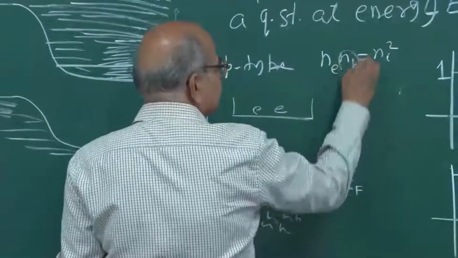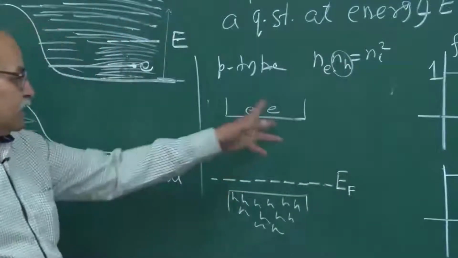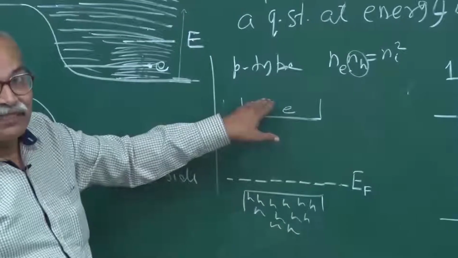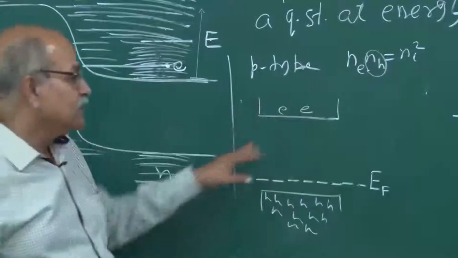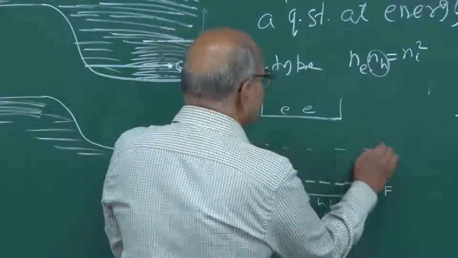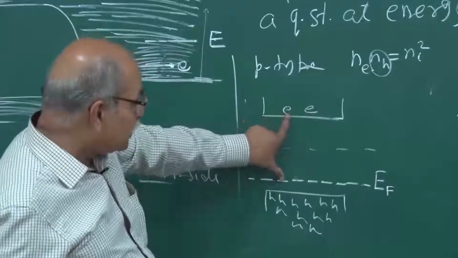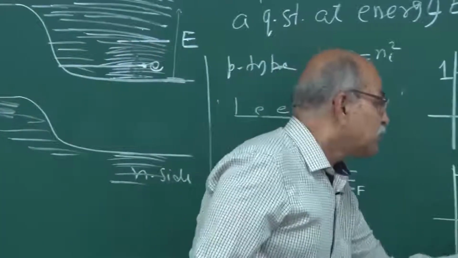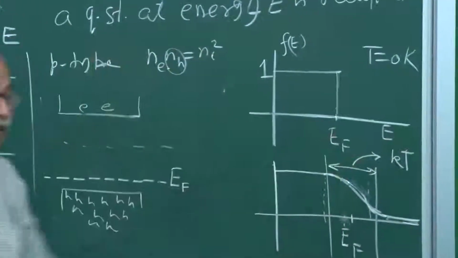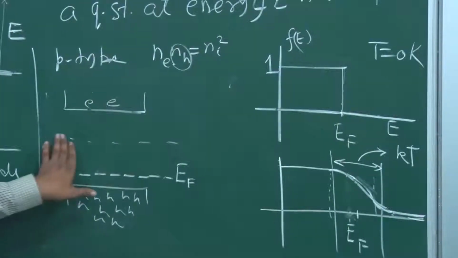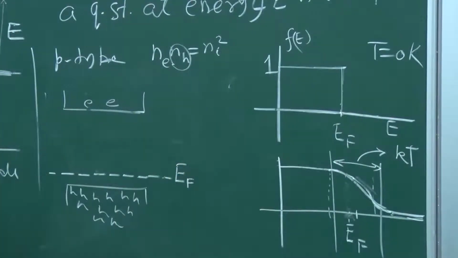So if one increases, the other decreases. In this picture we have gone even further from the Fermi energy, which initially was in the middle, so the probability has decreased again, and you have far fewer electrons here. So here the Fermi energy is like this.